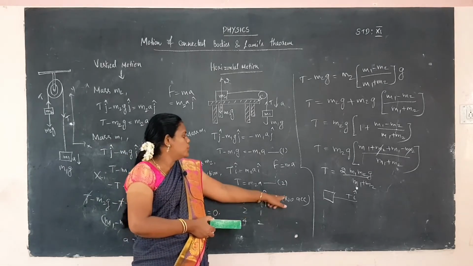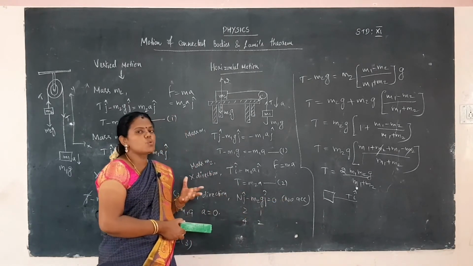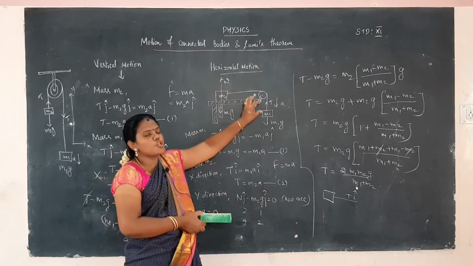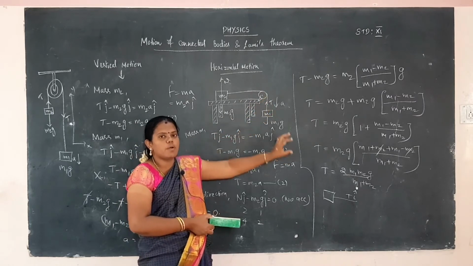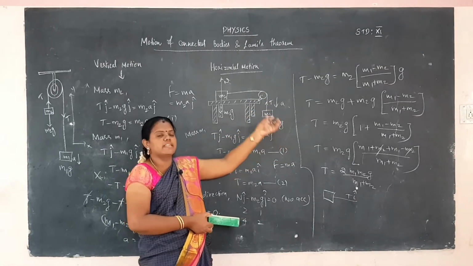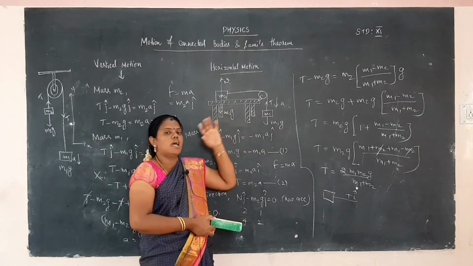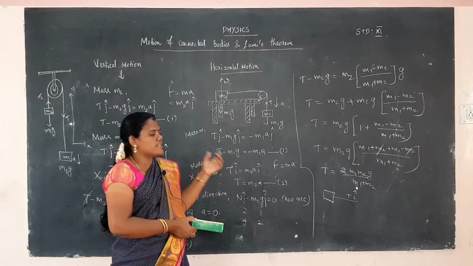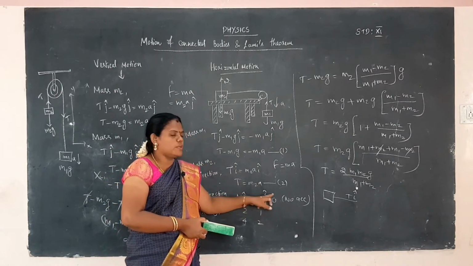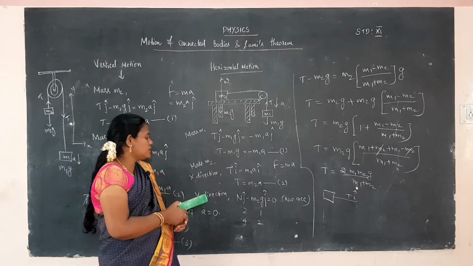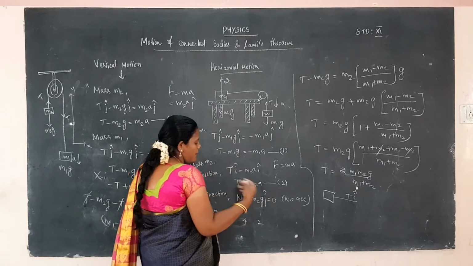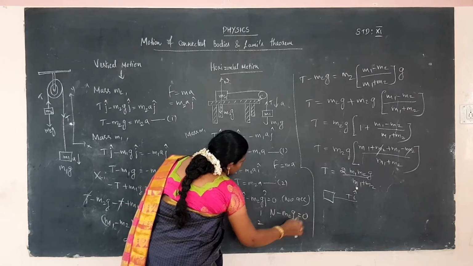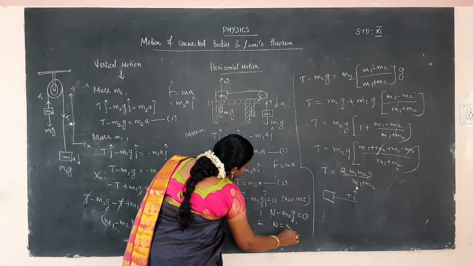It is equal to the total force. Why is the total force 0? Because the particle is at rest. If another mass applied tension on it, it would move. Otherwise the mass stays at rest. So the acceleration is 0, and the total force is equal to 0. Taking the components only, N minus m2g is equal to 0. So N is equal to m2g.